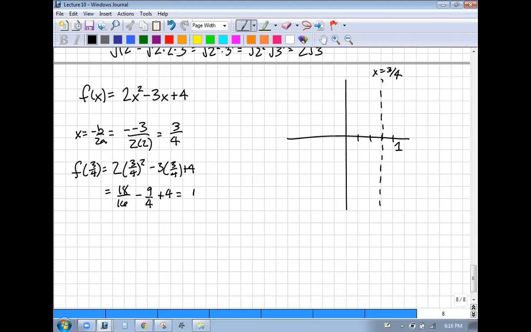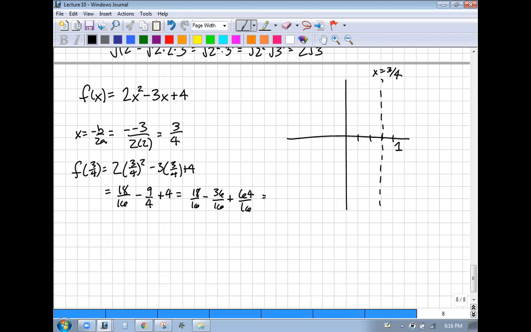Let's get a common denominator. 9 times 4 is 36. 4 times, what was 4 times 16? 64. So, what is this? 64 minus 18.